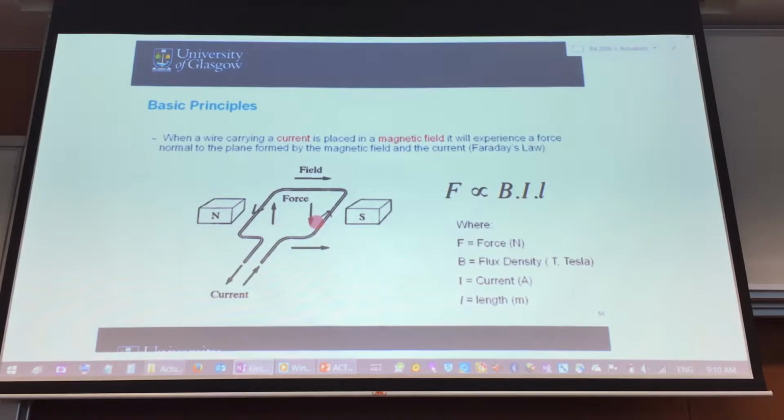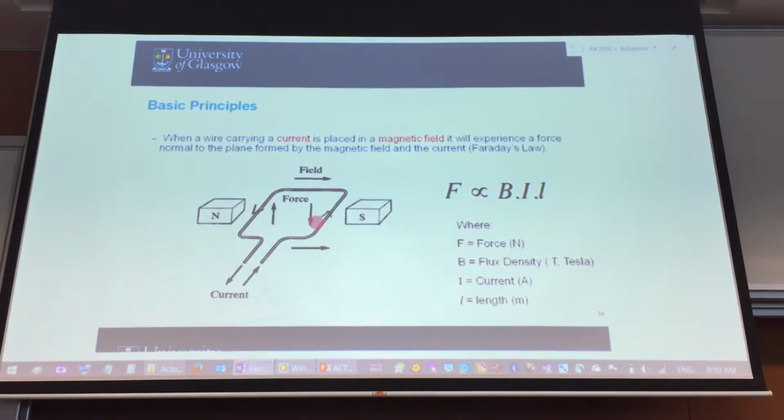It's just constantly supplied, because now that side that used to be here now comes here, and that current will flip because of the commutator. Like that. Current is always applied in this blue direction. So this is the basic principle of the motor.